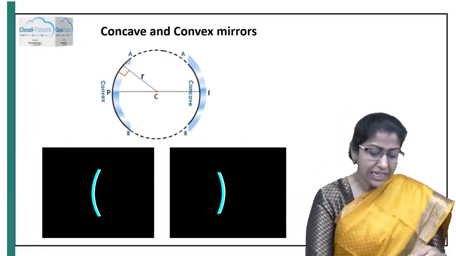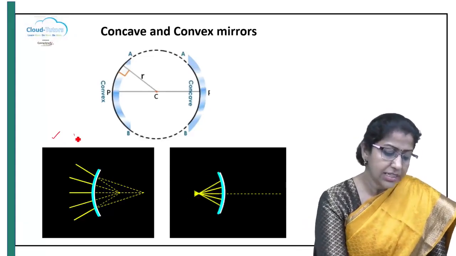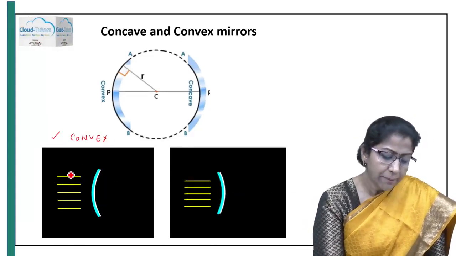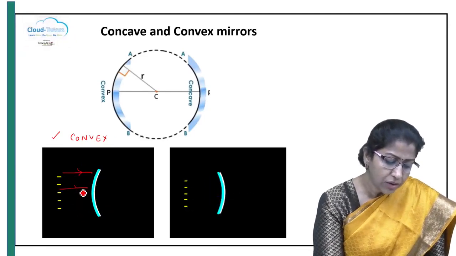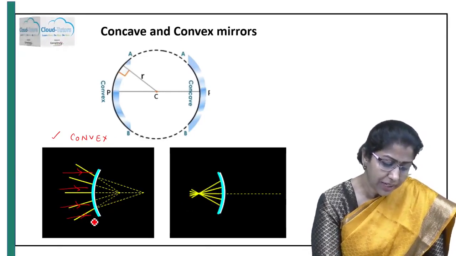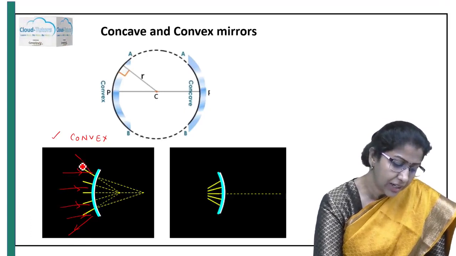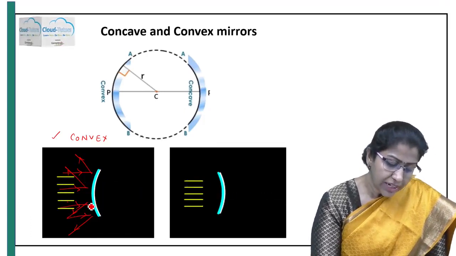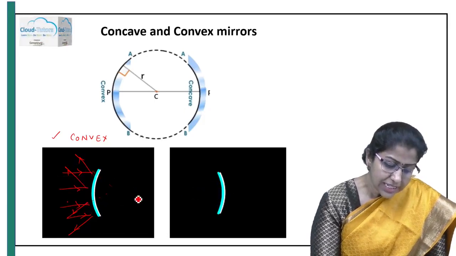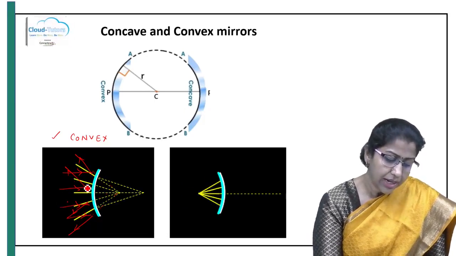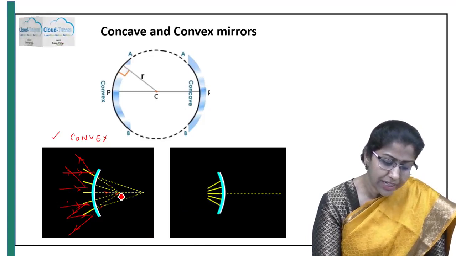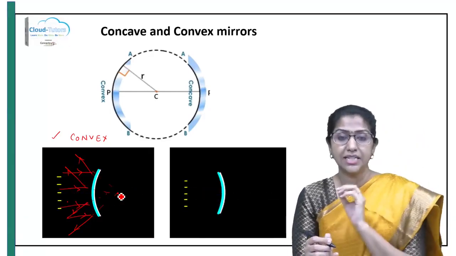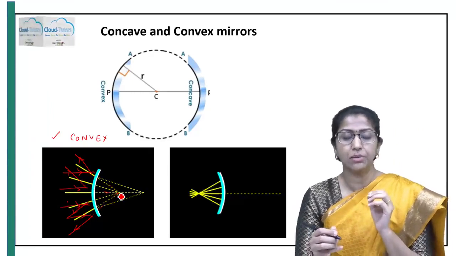As you can see here in the picture, this is a convex mirror. When a parallel beam of light falls onto this surface, what is happening? It is getting reflected in such a fashion that when I extend these rays behind the mirror, they tend to meet at a single point on the principal axis. I'll come to what is principal axis in a while.